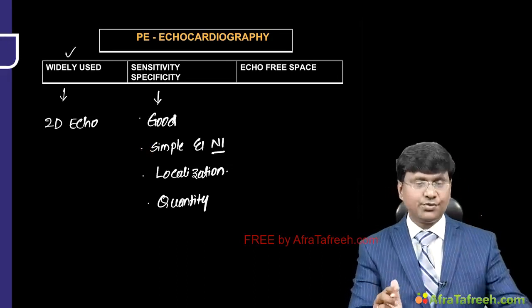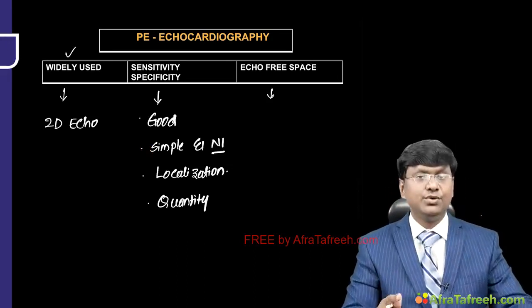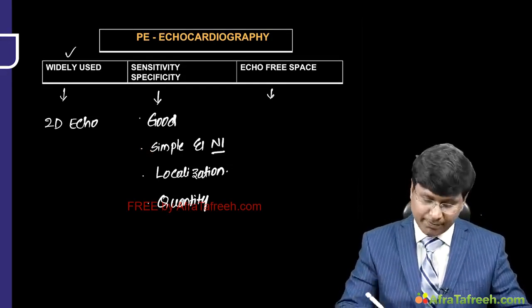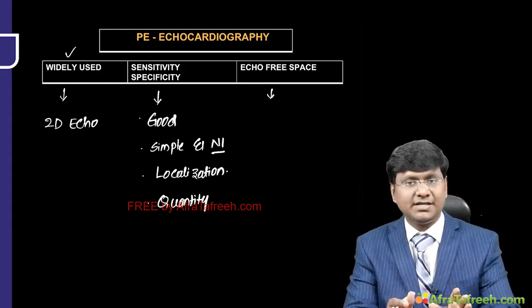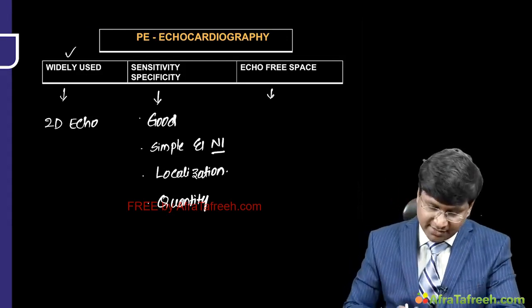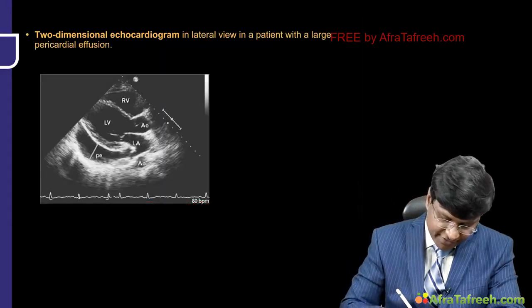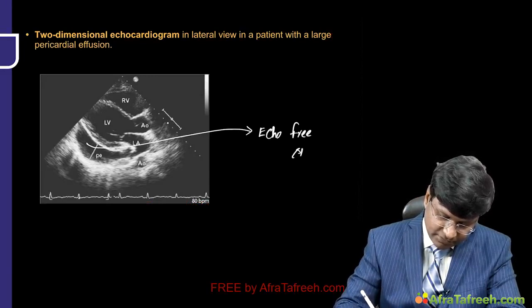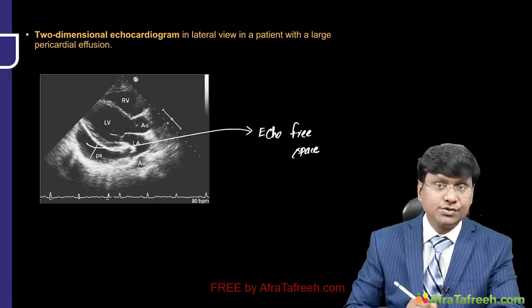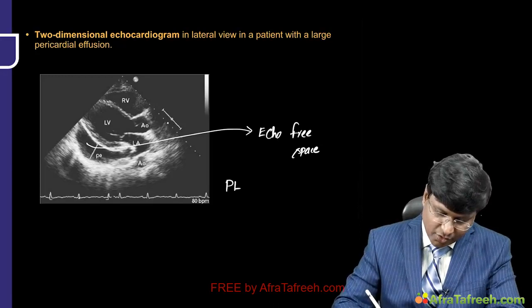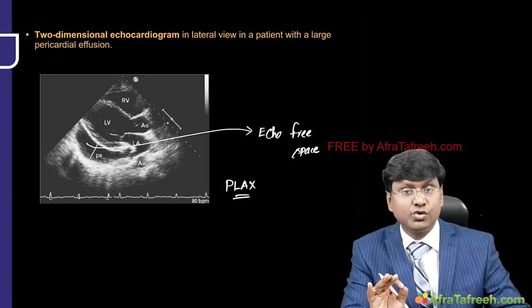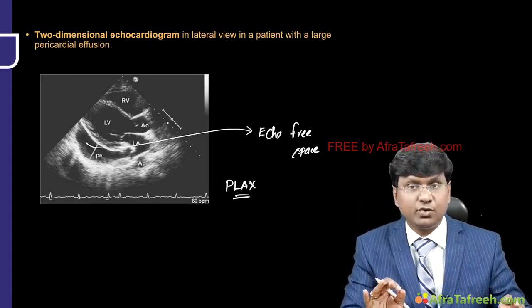Then in the 2D echo, you will also be able to make out the echo-free space. Basically, you will be doing a transthoracic echocardiography, and this is your echo-free space. This is your parasternal long axis view, so you have the presence of the echo-free space. Where exactly do you find this particular echo-free space?